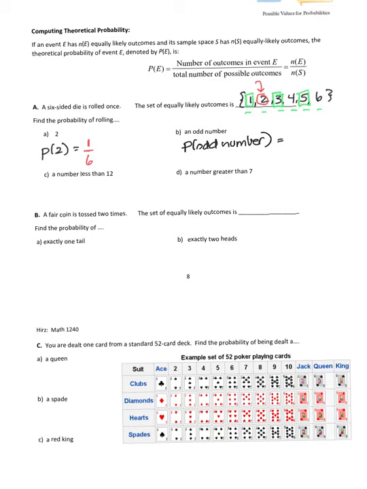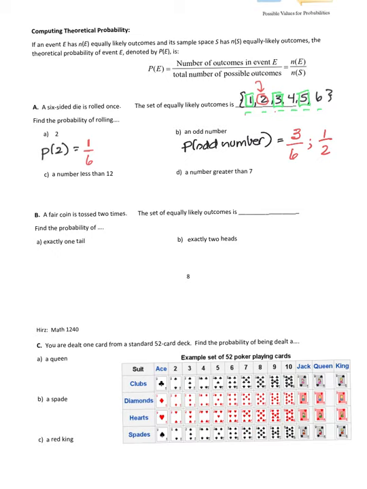That's going to be our numerator: 3 possibilities. And the total number of possibilities, again, we counted them, 1, 2, 3, 4, 5, 6, is 6. So 3 over 6, and you'll always put those in lowest terms: 1/2, a 1 out of 2 chance of rolling an odd number when you roll that six-sided die.